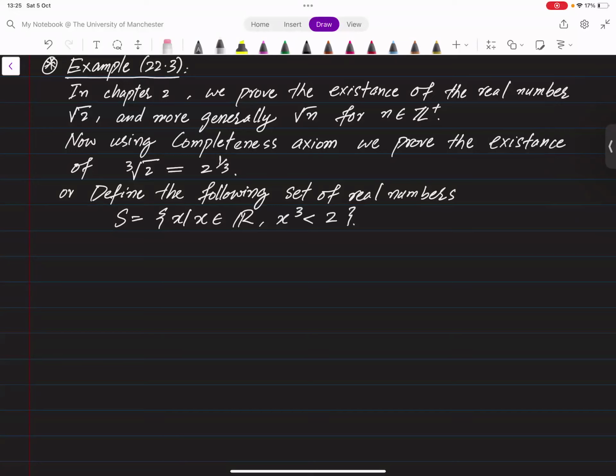Thus, S is the set of all real numbers whose cube is less than 2. First note that S has an upper bound.